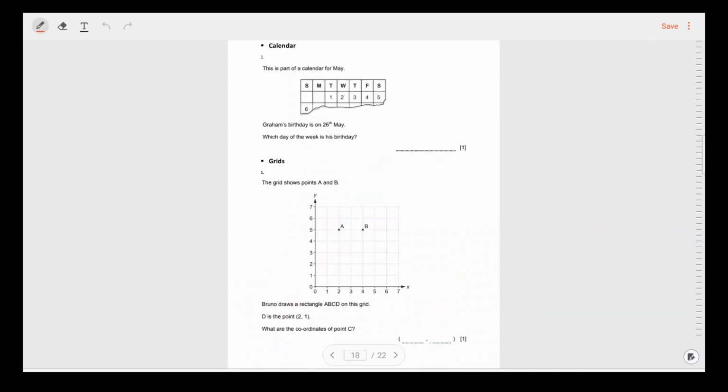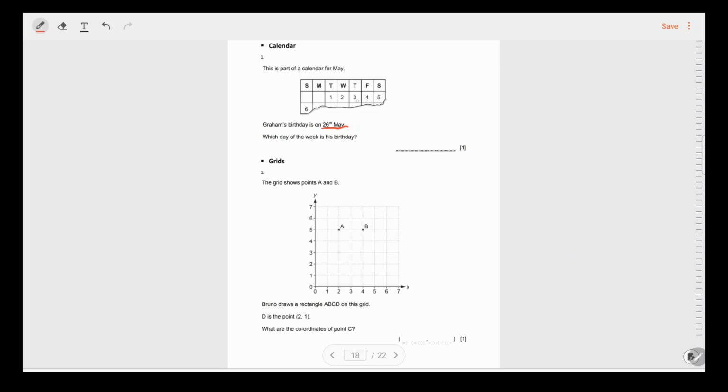The next topic is calendar. In this question, it says that this is a part of a calendar for May, and Graham's birthday is on the 26th of May. So you are supposed to find which day of the week his birthday is. The easiest thing to do is basically to add in terms of +7, or you can even fill this calendar up all the way up to 26th.